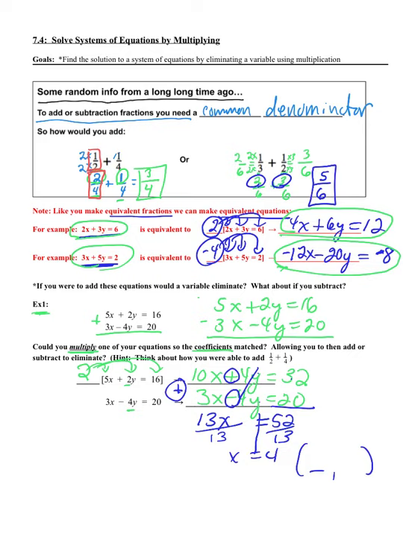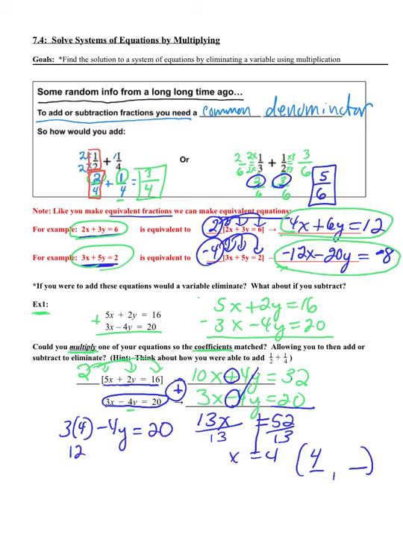Remember, we're solving systems of equations, so we need an ordered pair, okay? That's a 4. Now, you should go back to the original equation to plug in your x. And I'm simply choosing this one because the coefficients are a little smaller, but it does not matter if you choose the first or second line. And I'm going to plug in 4 is equal to x to find what my y value would be, okay?